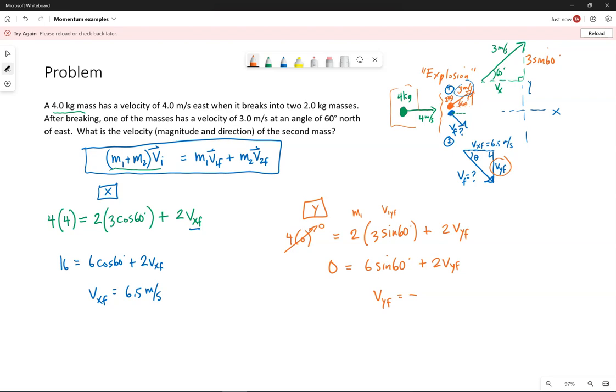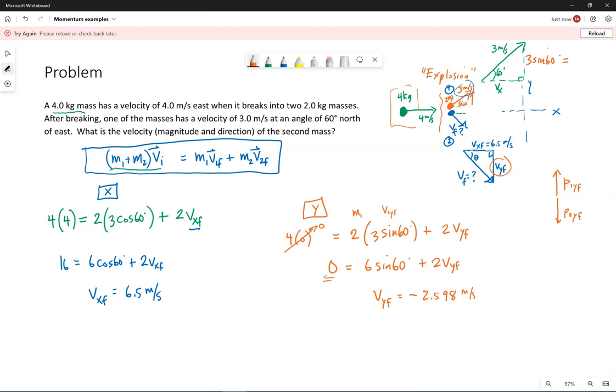So Vy final is going to be negative 2.598, which, by the way, is going to be the same as the 3 sine 60 for the top mass, because if there is no momentum in the y direction initially, then the final y momentum of mass 1 has to exactly counteract the y final of mass 2.